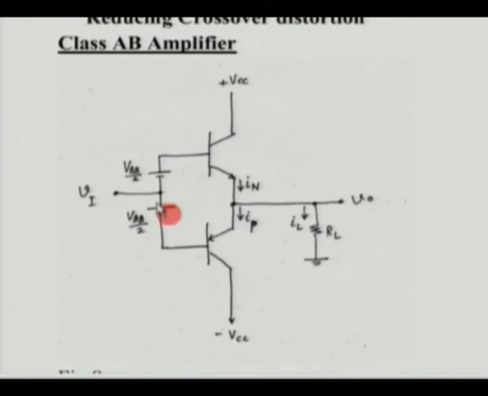In this case of the PNP transistor, we have the base being brought negative. Since the emitters of both the transistors are connected together, we need to ensure that this potential is less by VBB by 2. So this is how we would implement a class AB amplifier.